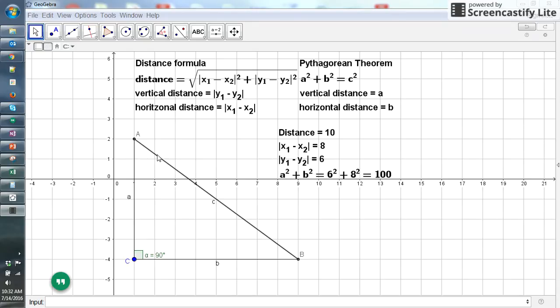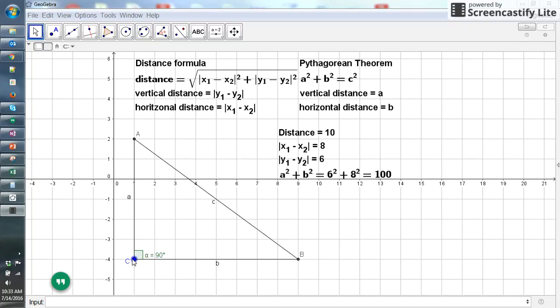Okay. Now, since we're working on the Cartesian coordinate plane, we can do some pretty nifty things to find this distance. I did draw out a right triangle, and the way that I drew this out is I drew a point that was at the x coordinate of A and the y coordinate of B, and that gave me this point C. Okay, and then I drew a vertical line from A to C, and I drew a horizontal line from B to C. I technically don't need to find this coordinate first.